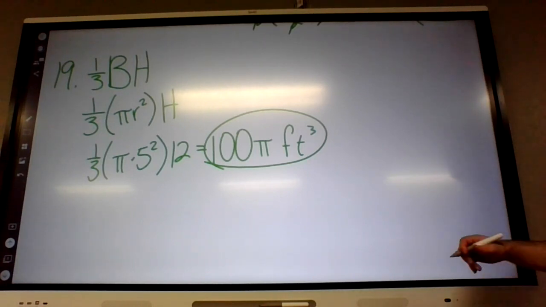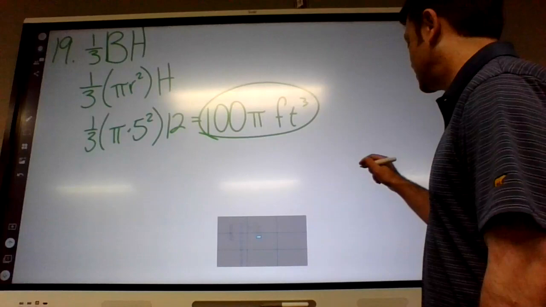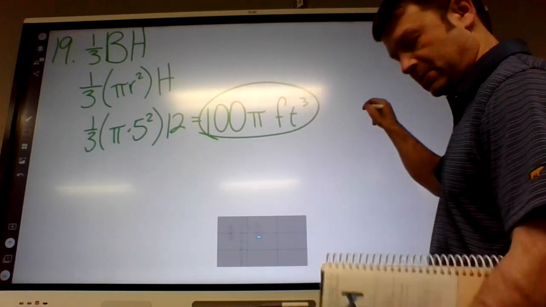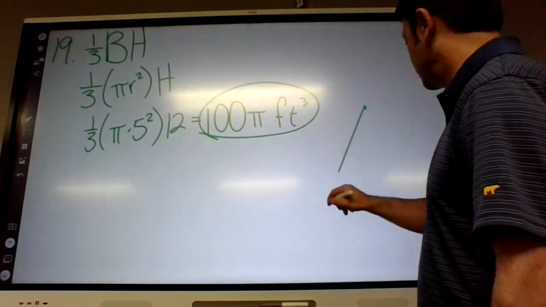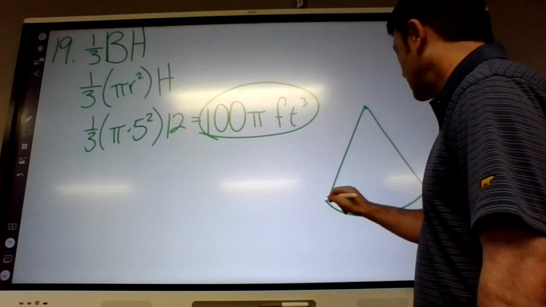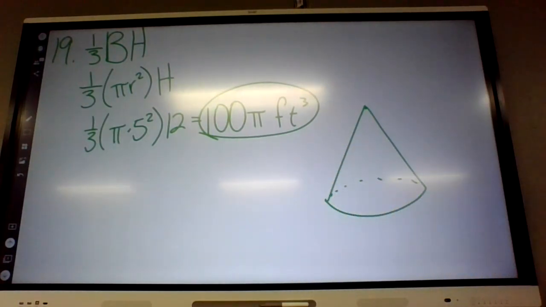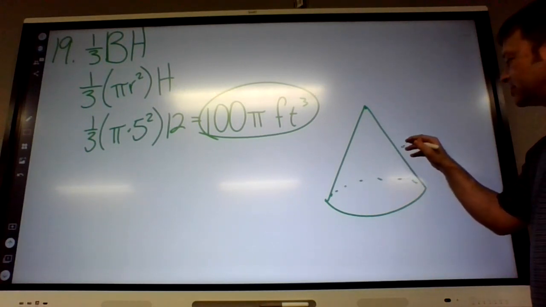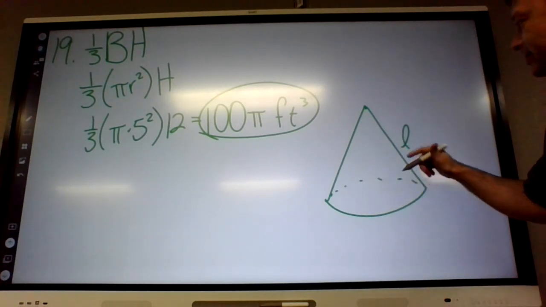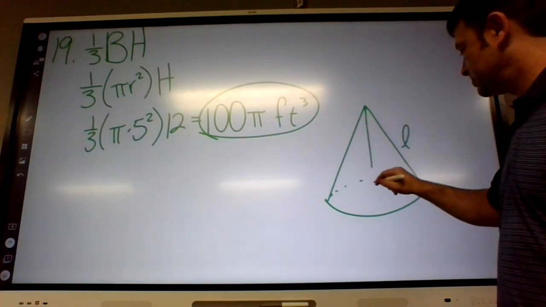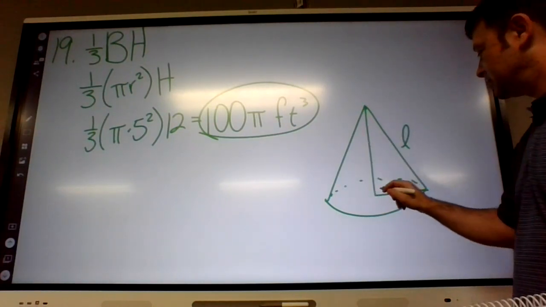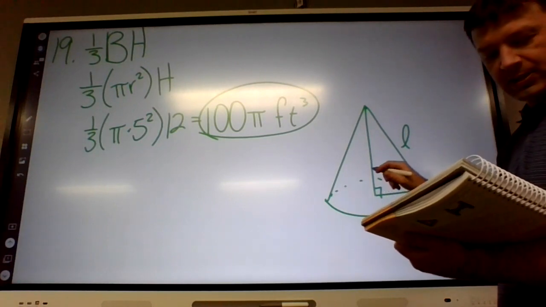Somebody asked me about this in the other class, so I need to mention it. On 18 they ask you to find the surface area, and to do surface area you need slant height. But they don't give us the slant height. So how could I find the slant height? Yeah, good.